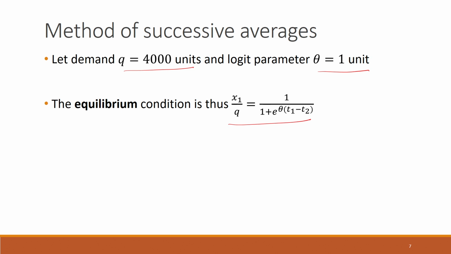Here x1 divided by the total demand is the probability of choosing this first link. Since we are assuming the logit route choice model for the network loading procedure, this is the expression that we get. Since there are only two alternatives here, that is, only two links, this is the expression that we get.